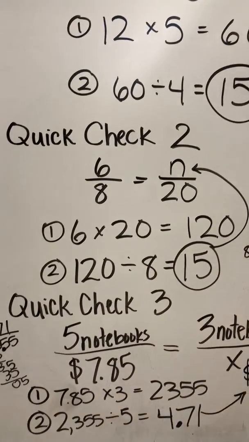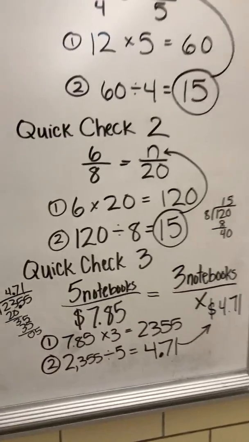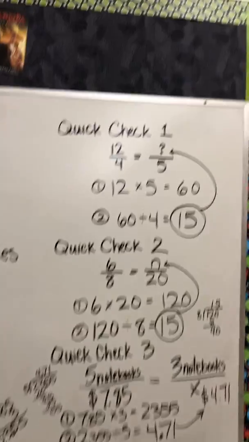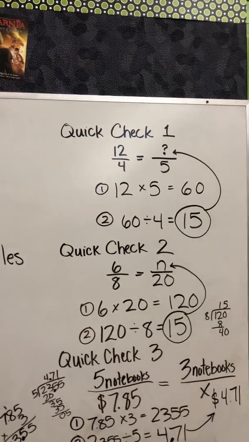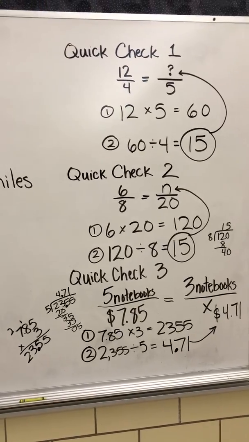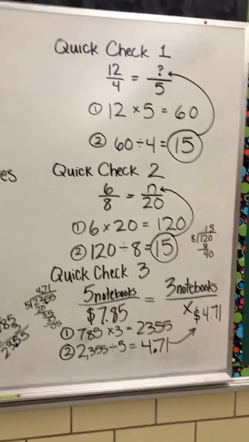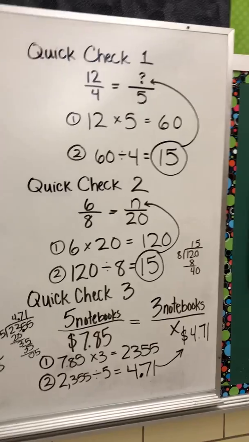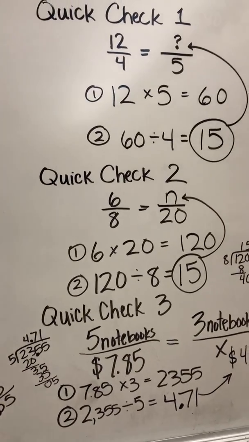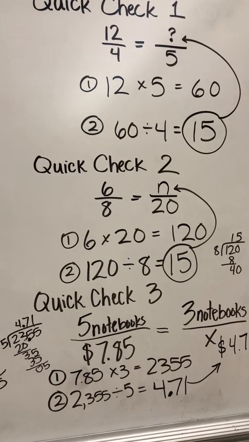Quick check 2 is on the top of page 321, and they're putting in a variable. It's no big difference. In the top one there was a question mark, or in your textbook a gray box. It's not a big difference if it's a variable. Quick check 2 asks: 6 over 8 is proportionate to what over 20? They give it the variable n.